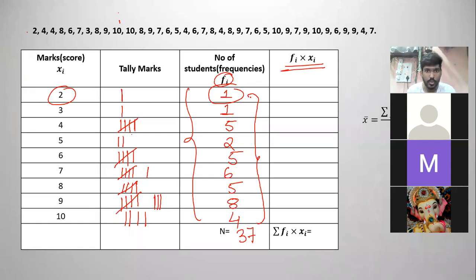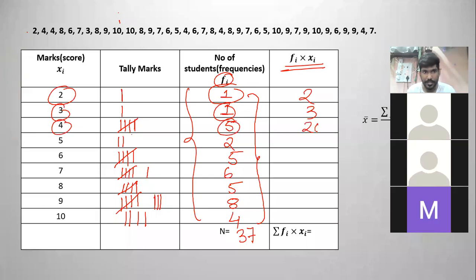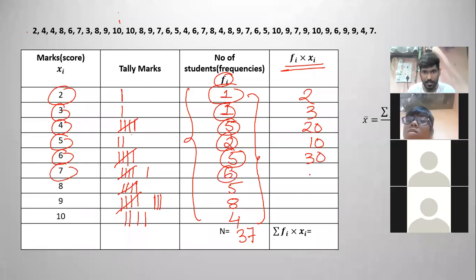So see, first 2 into 1, 2. 3 into 1, 3. 4 into 5, 20. 5 into 2, 10. 6 into 5, 30. 7 multiplied by 6, 42. 8 multiplied by 5, 40. 9 into 8, 72.